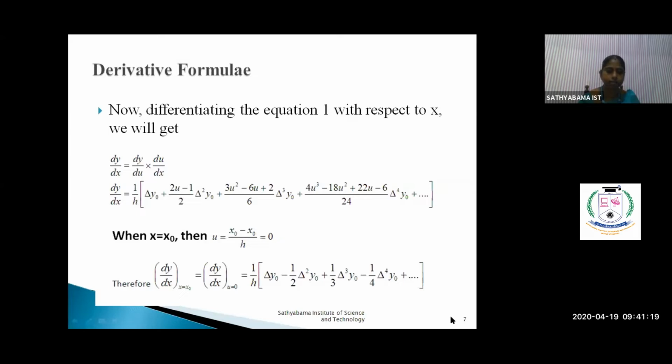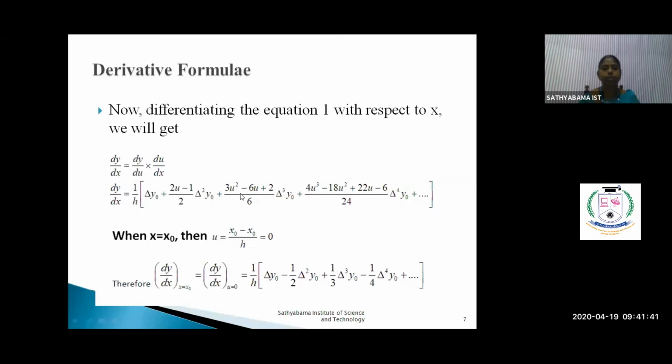So that is equal to 1 by h delta y naught minus 1 by 2, since u becomes 0 here, so it is 0 minus 1, 1 by 2 delta square y naught.